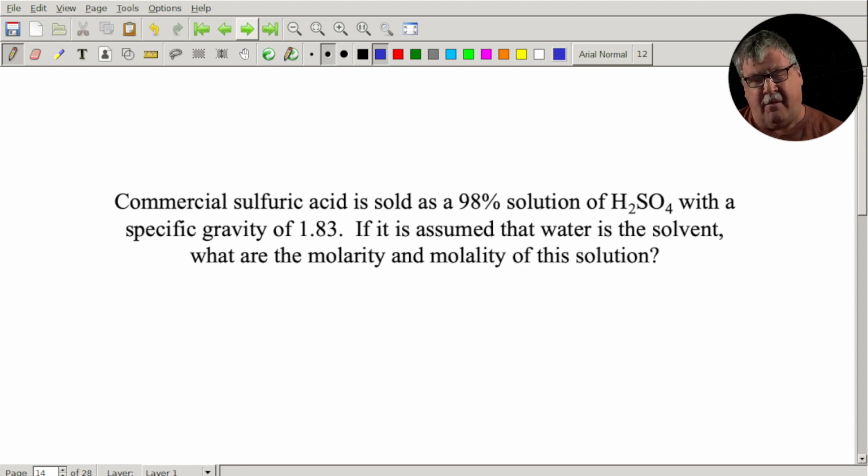Nitric acid is sold as a 70% by mass solution. Acetic acid is often sold as 100% by mass. All right, it's known as glacial acetic acid. And sulfuric acid is most readily produced as a 98% solution by mass.